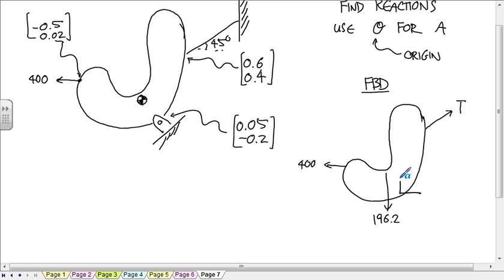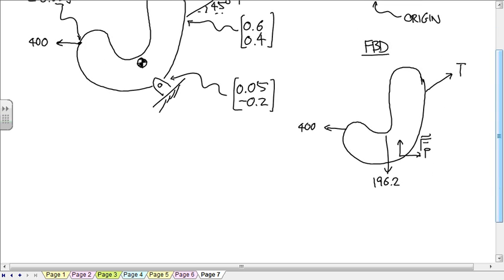And then the pin joint has an unknown force vector, so call that FP pin. And okay, so set up the table.